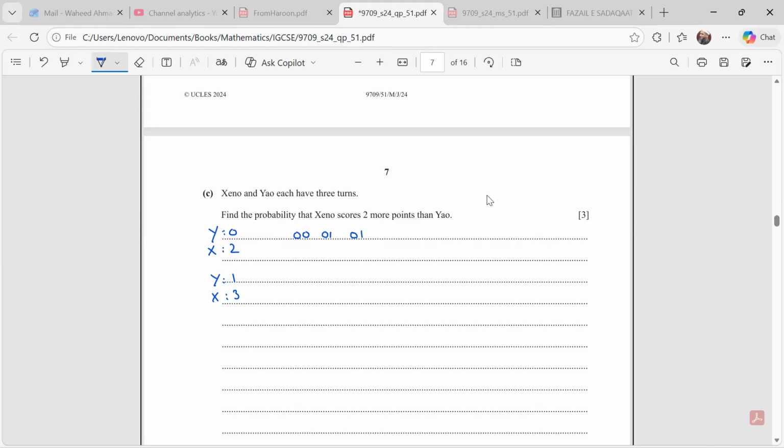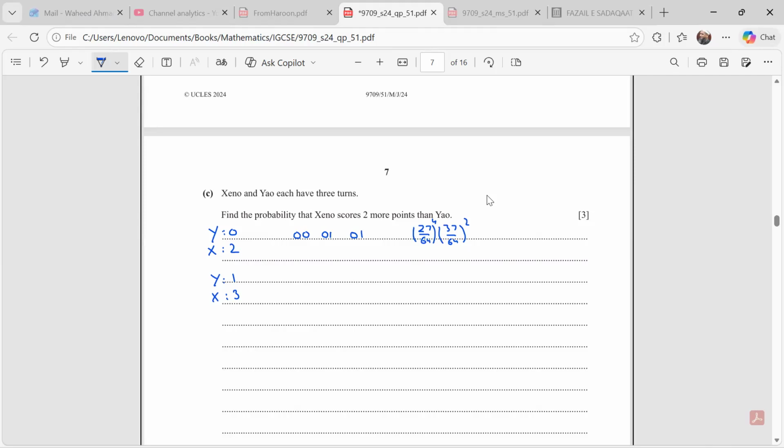Now for this, what's the probability? One, two, three, four: four times no success, and their probability is 27 over 64, right? And two times success, so 37 over 64.